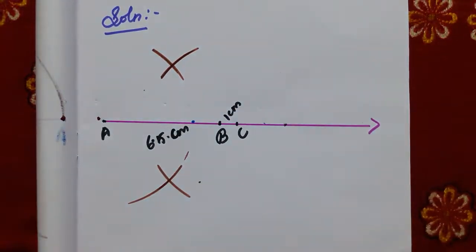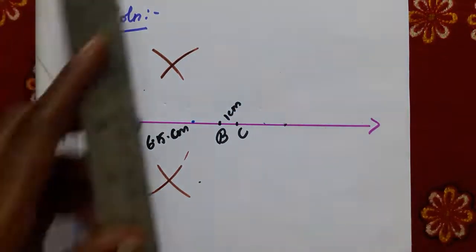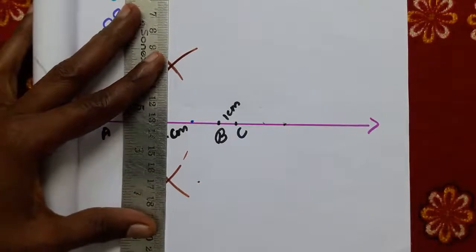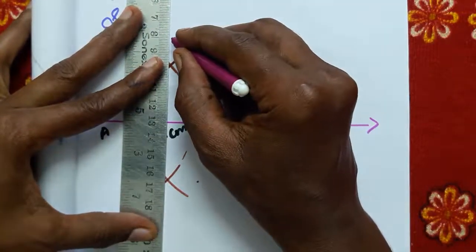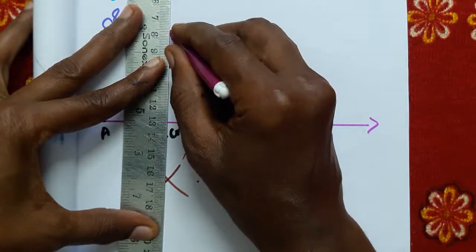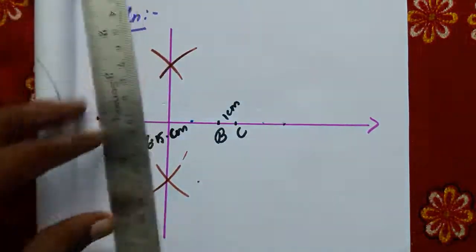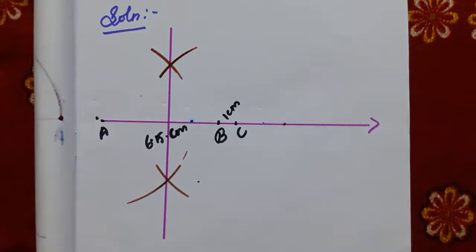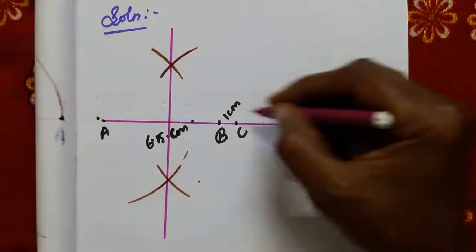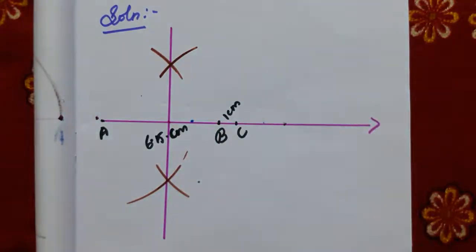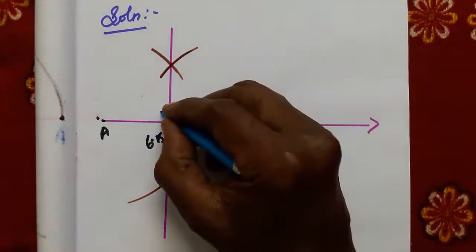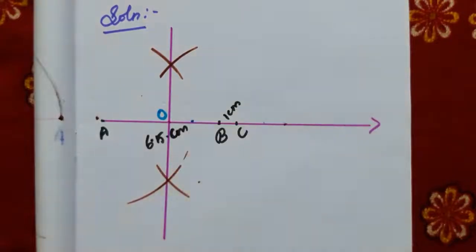Now we have to join these 2 points through the straight line. Now this straight line and this straight line meeting point, you have to take as O. This is the O center.